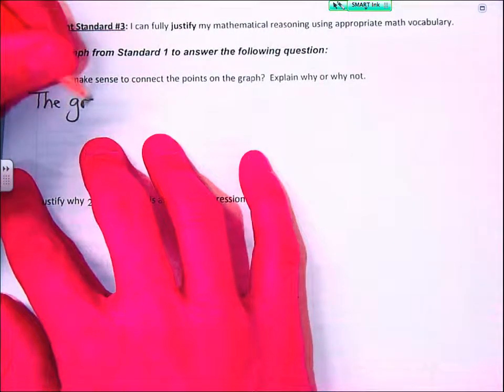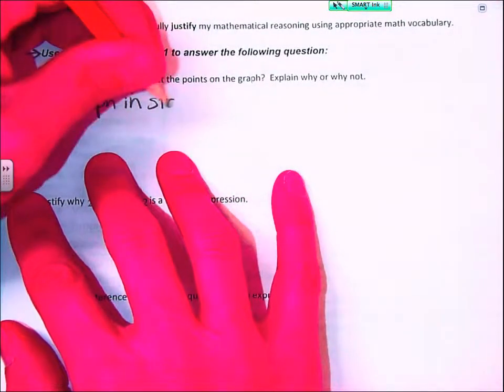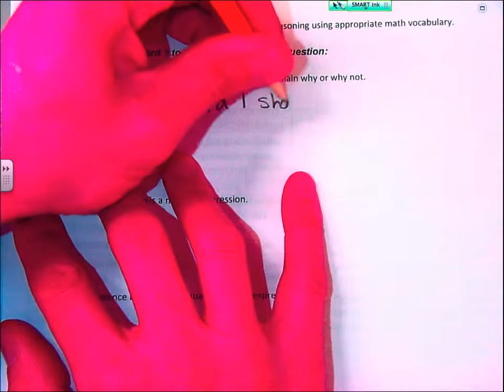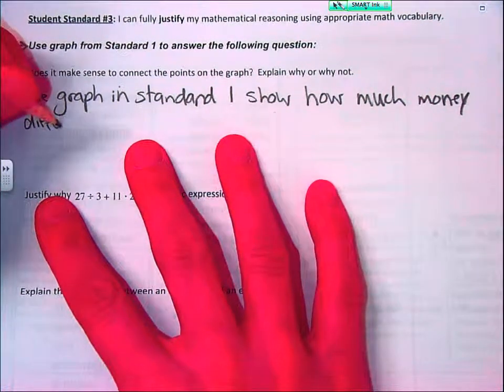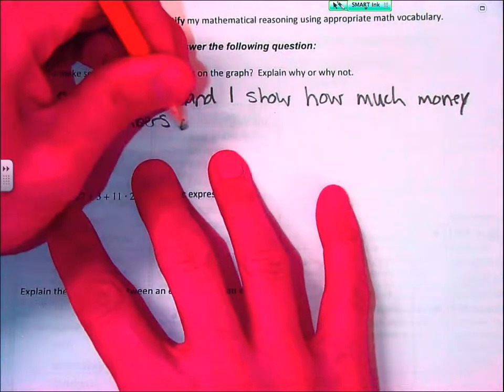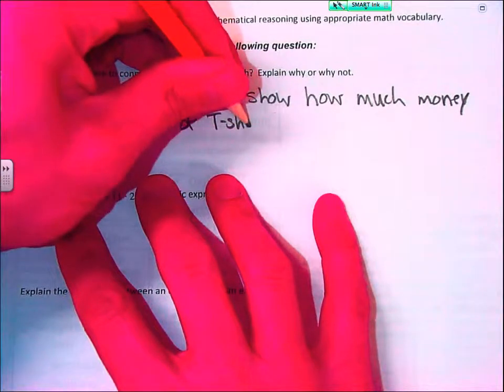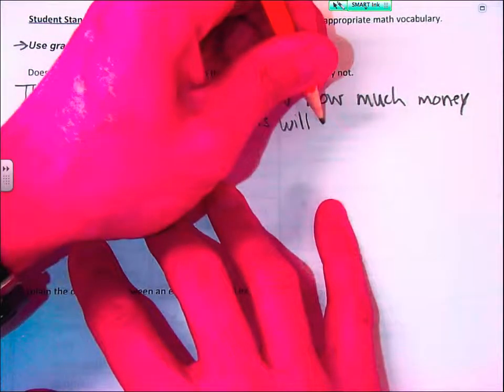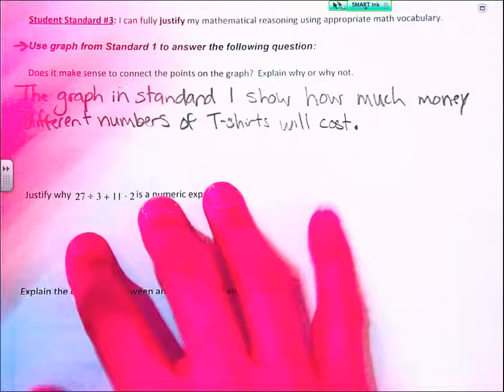The graph in standard 1 shows how much money different numbers of t-shirts will cost.